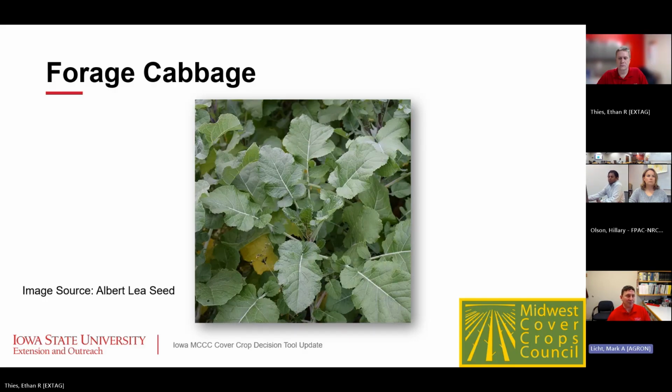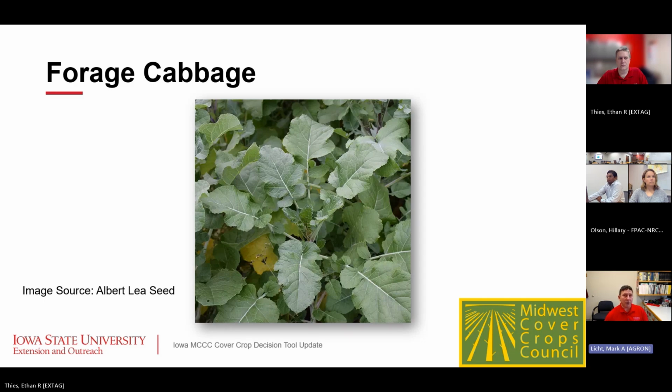The forage cabbage is going to be more known for that above ground biomass. It will likely have a little bit more above ground biomass than even kale. It has some really fast growth, and you still get that deep root growth for breaking up subsoil compaction.